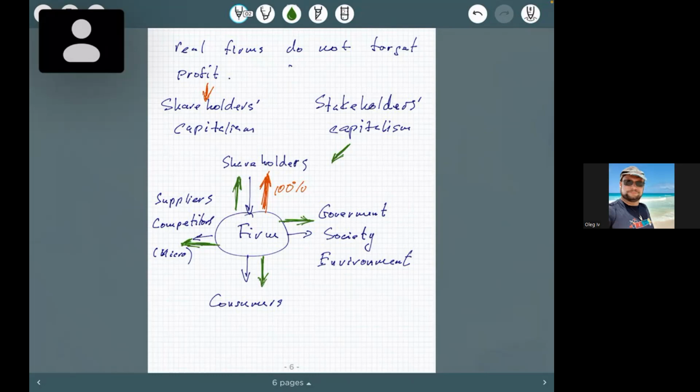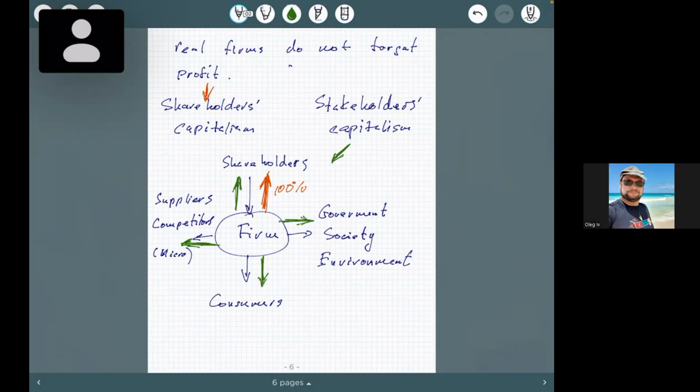You, as a shareholder, so again, you ask quite strong on that. Owners of a company can do whatever they want, even if they harm government, society, environment, consumers, suppliers, and competitors. They still can do whatever they want.